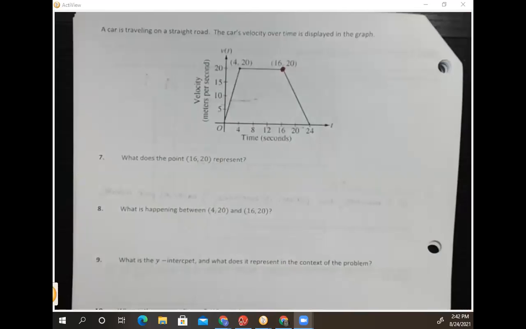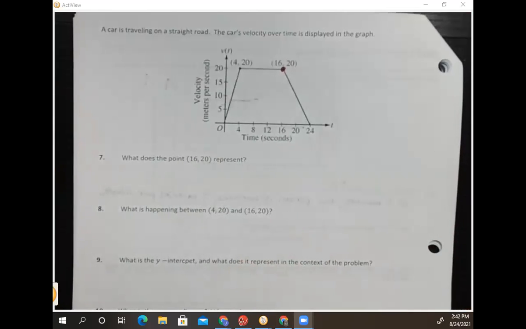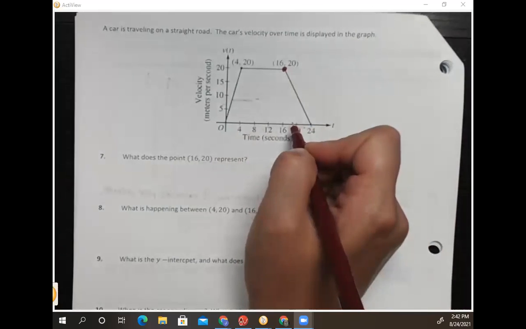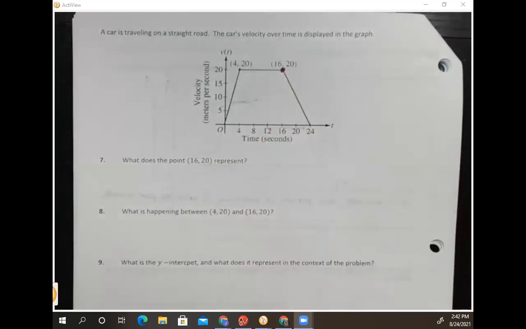Meters per second. Yeah. So we had 2 really good answers here. One looking at the big picture of our trend of what's happening. At that point, I'm changing my velocity because it's the end of this plateau that we've got here.